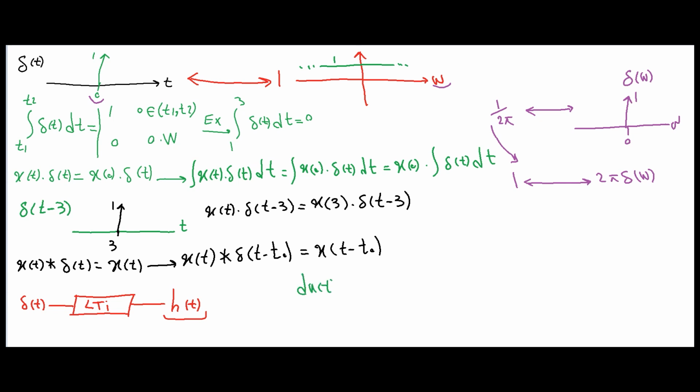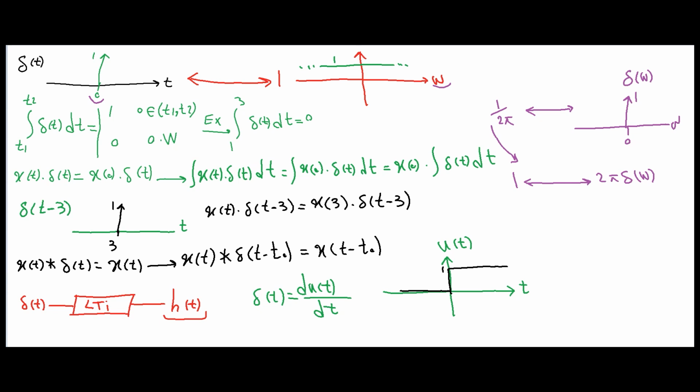Another point is that if you take the derivative of the unit step signal, the result will be the impulse signal. If we want to draw the unit step signal, it is equal to 1 for positive times and equal to 0 for negative times.